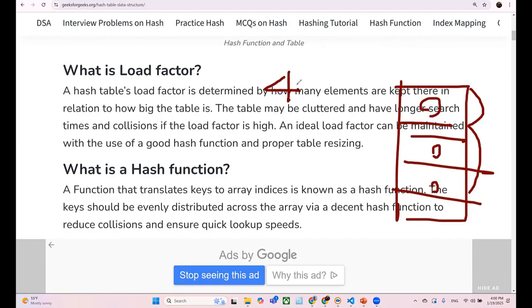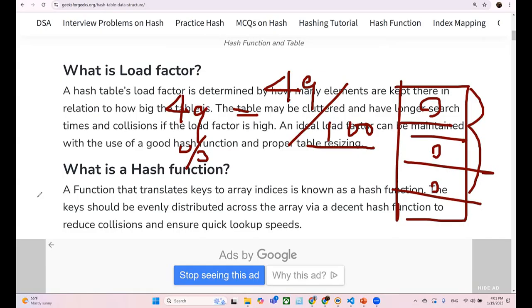If I use 49 entries, but totally I have 100 memory, then my load factor will be 49%. Is that okay? Yes. So load factor is the percentage of utilization of your hash table.